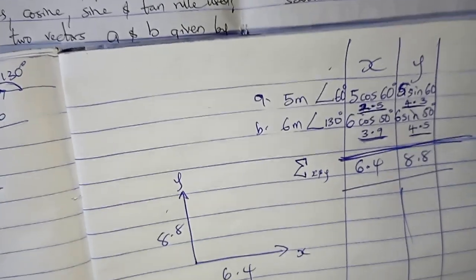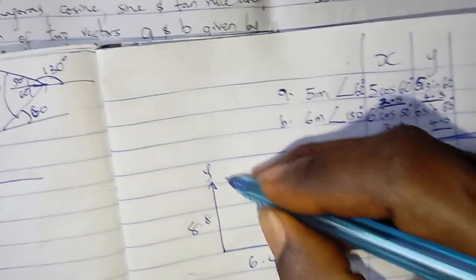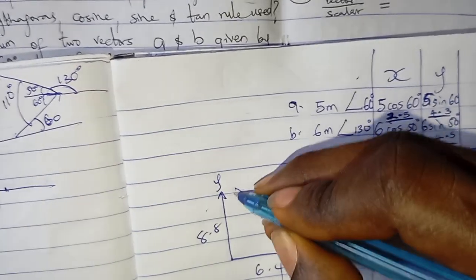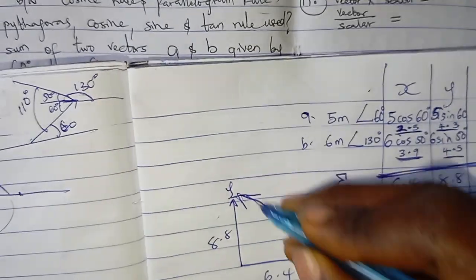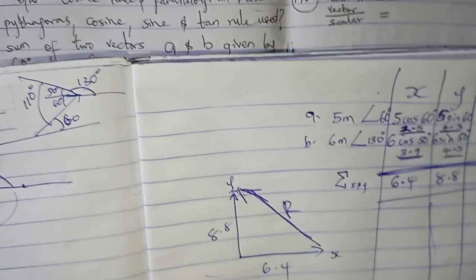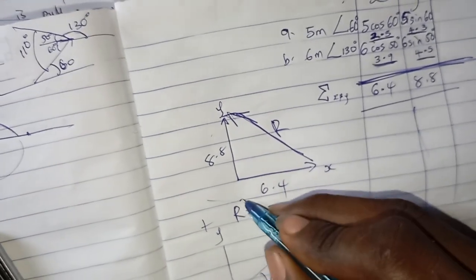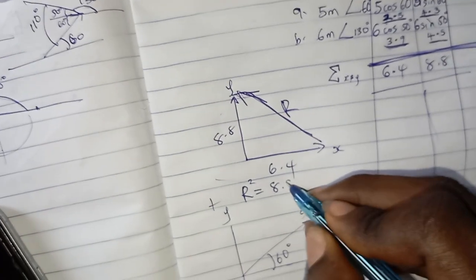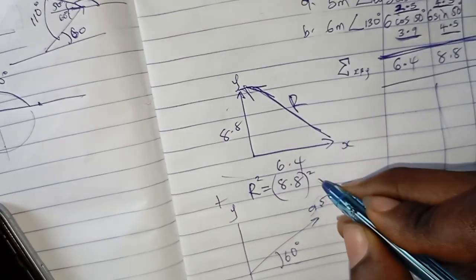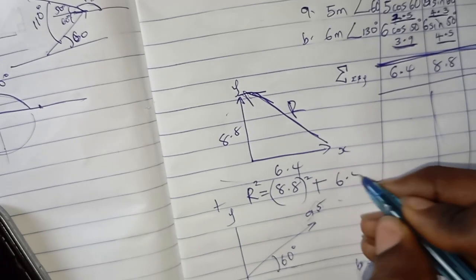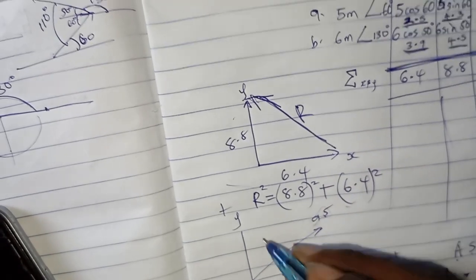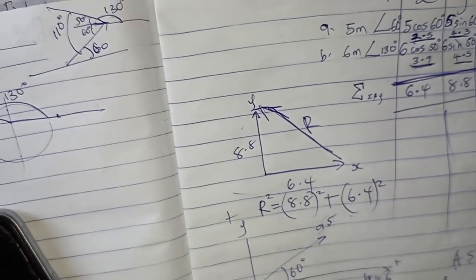So I can now use Pythagoras to find the resultant. I'll do r square is equal to 8.8 square plus 6.4 square.